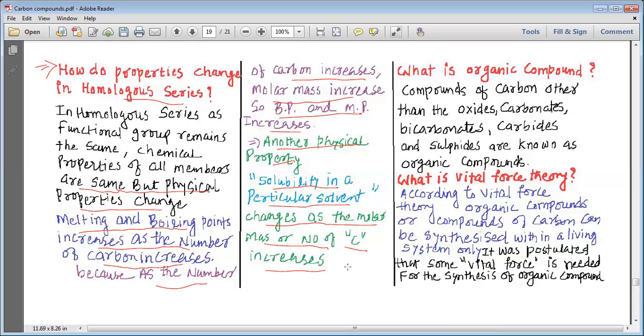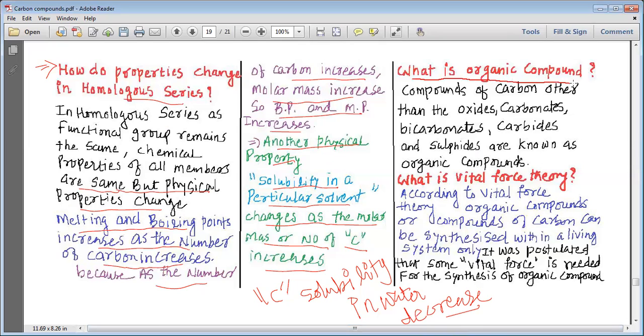For example, as the number of carbon increases, solubility in water decreases, my dear students. Please remember that as the number of carbon increases, or as the molar mass increases, solubility in water decreases along the homologous series.